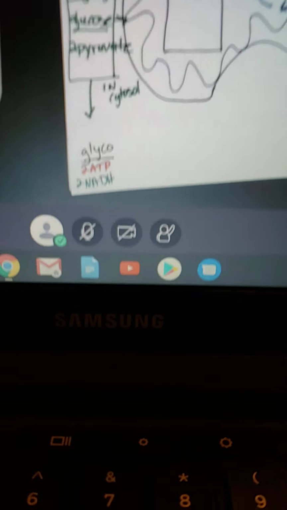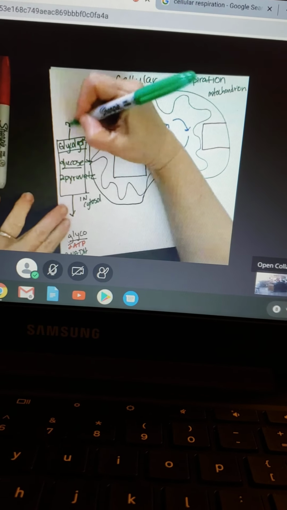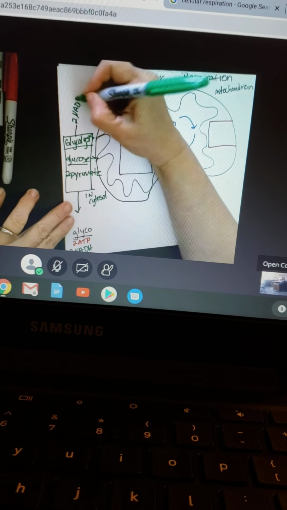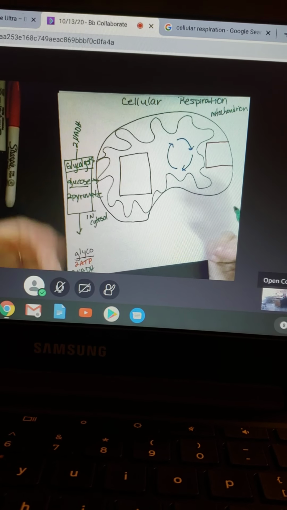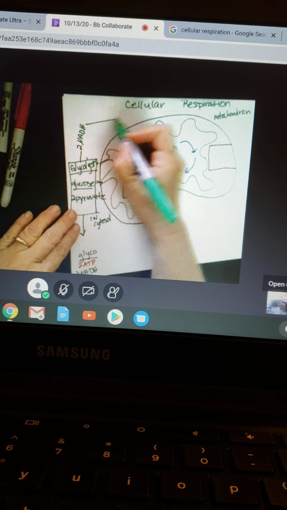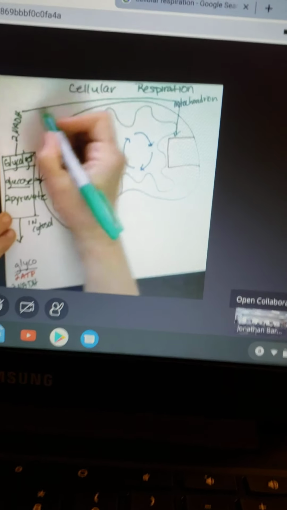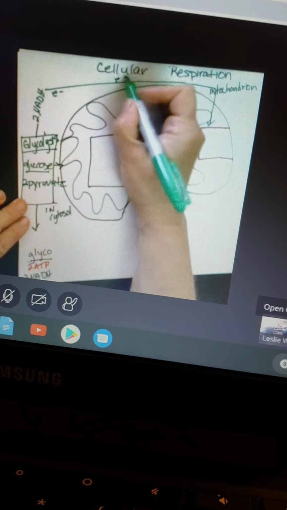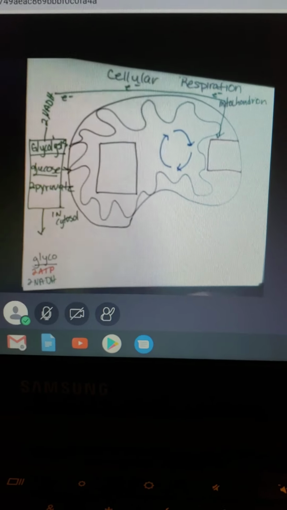NADH is what we call an energy carrier, or an electron carrier, I should say. And so these 2 NADH are basically trying to store some energy in the form of a high energy electron, all right? So we're taking this electron and we're going to send it over here to the end part. We're going to use these electrons at the very end. And that part's really, really important, okay?